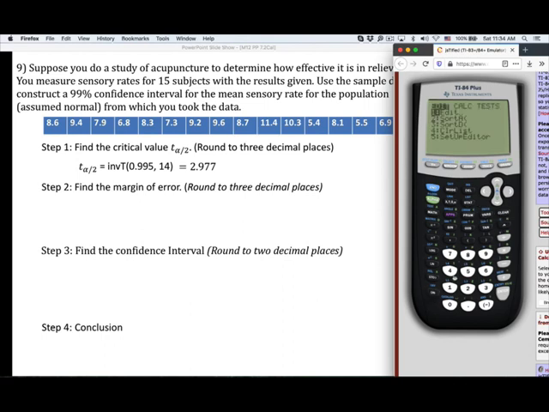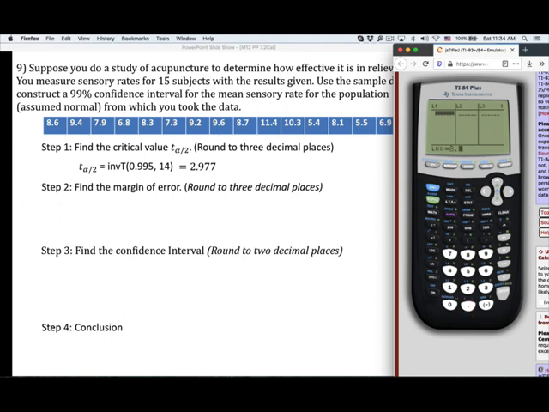I'm going to go to STAT, number 1, Edit. Let me clear the data here. Highlight L2, click clear, enter. Highlight L1, click clear, enter. So now I'm gonna plug in this data.